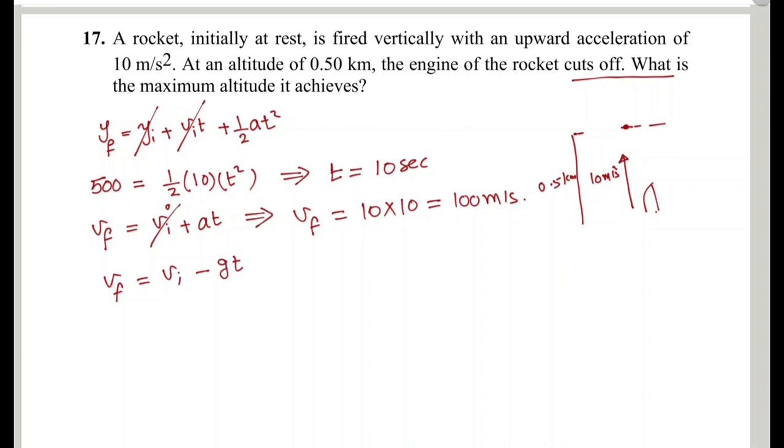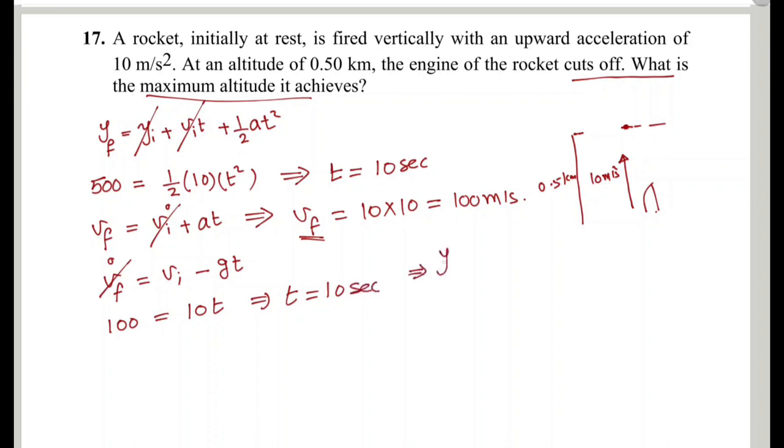Now v final is equal to 0 because it's mentioned that we want the maximum altitude in this case, so this one equals 0. The initial velocity for the second trip is actually the final velocity for the first trip. So in this case, 100 equals 10t, or t in the second part equals 10 seconds.